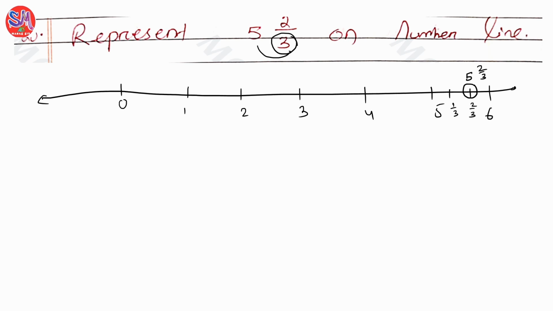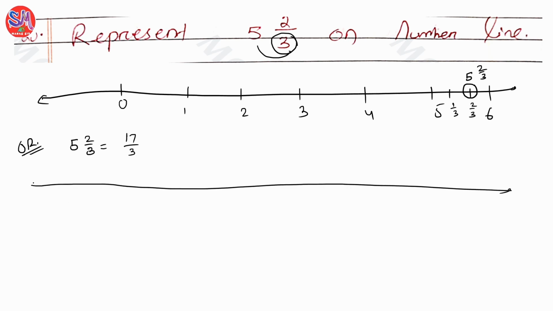And the second method is, first convert 5 whole 2 by 3 as 5 threes are 15, plus 2, 17 by 3. Any doubt? Now draw the number line. Here is 0.